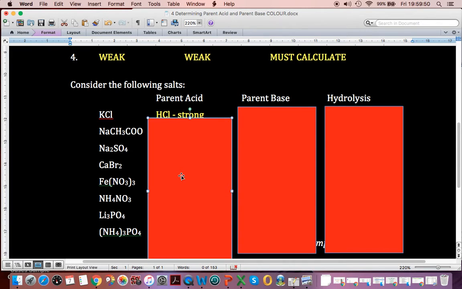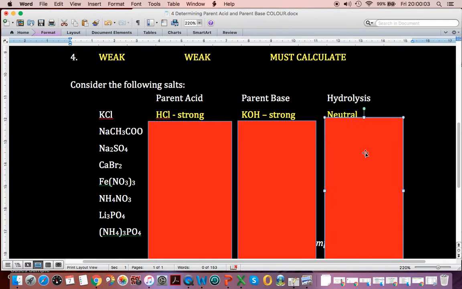So when we look at the parent acid for this one, the Cl came from HCl, a strong acid. The K will have come from KOH. That's a strong base, and we know strong and strong means neutral. Now we look at this one. This is sodium acetate.